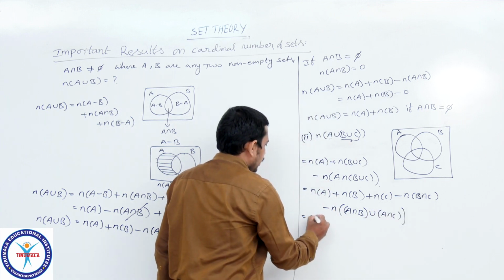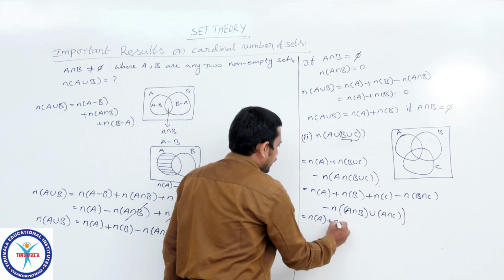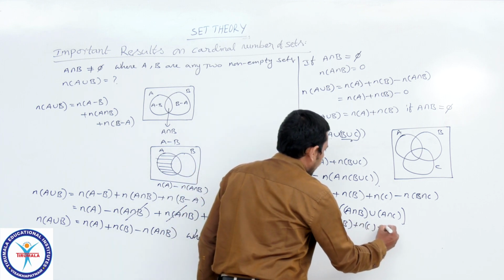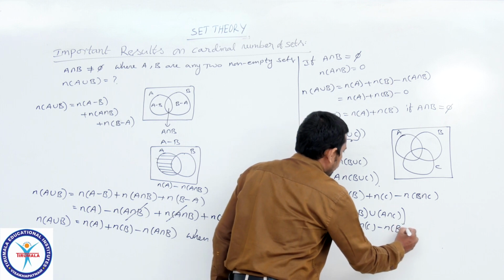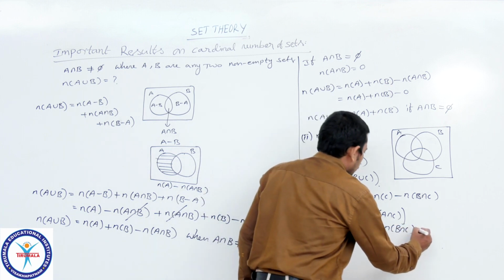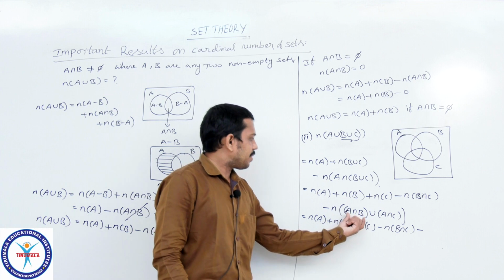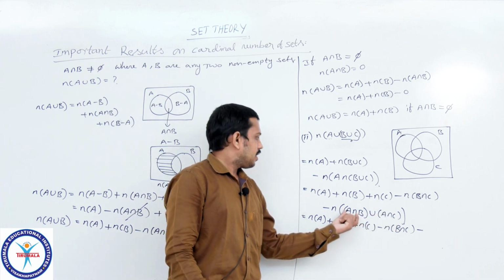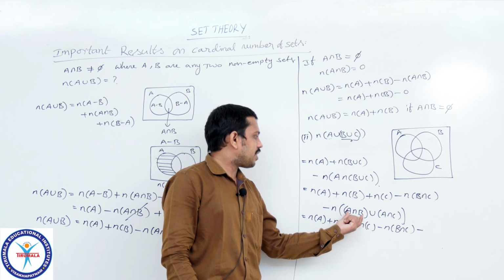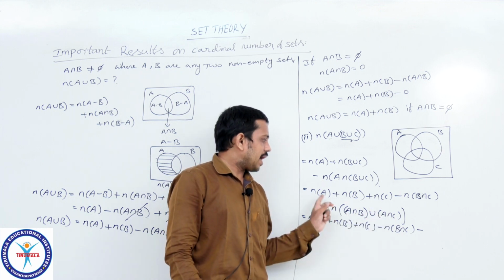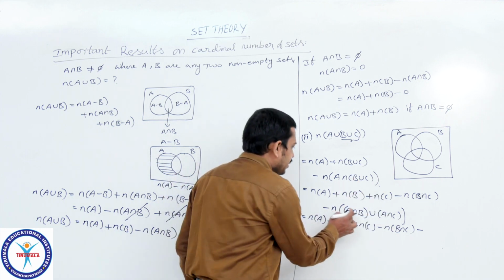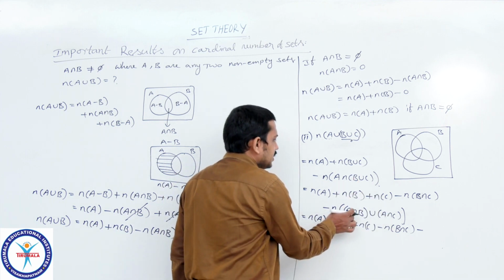Therefore, n of A plus n of B plus n of C minus n of B intersection C minus, here again we apply the n of A union B formula. n of A union B is equal to n of A plus n of B minus n of A intersection B. So here we can apply the formula for this value.